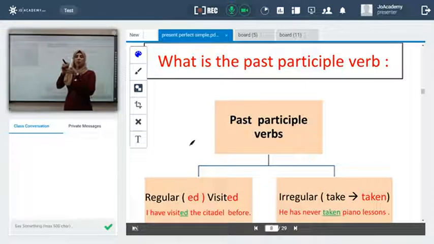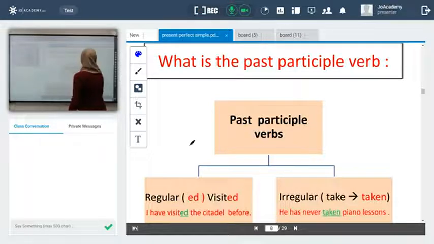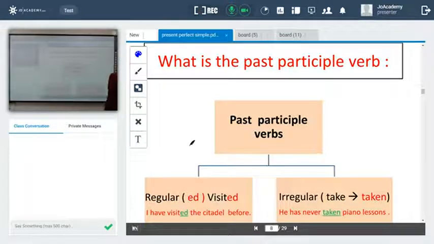The second form or the simple past form is took. The third form or the past participle form is taken. So take, took, taken. Taken, the third form, is the past participle verb.